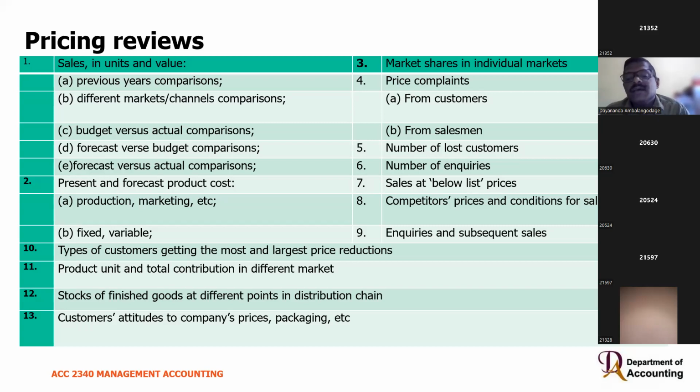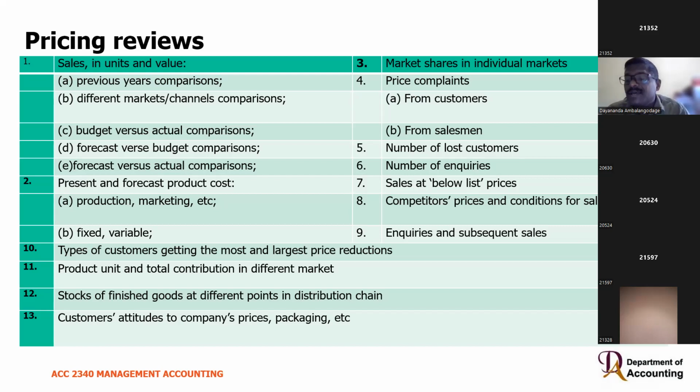Sales at below list price. On which occasions have you made sales below the list price, because it's a violation of internal control. With the permission of top management, you may sell certain products at lower than the listed price, but it has to be very, very rare or zero. Then competitors' prices and conditions for sales.